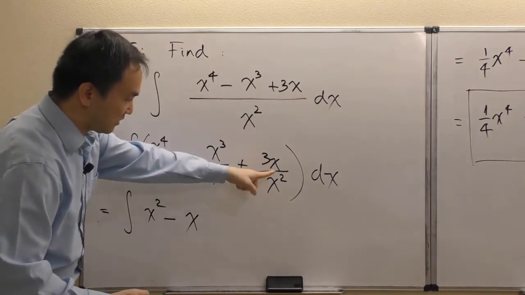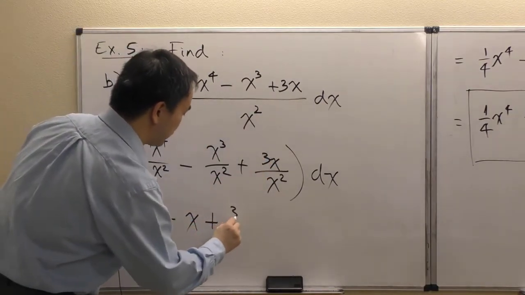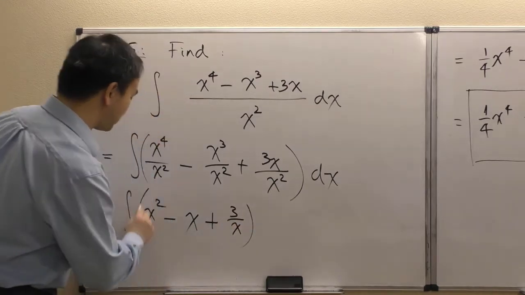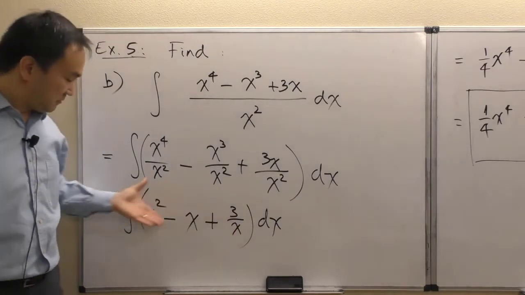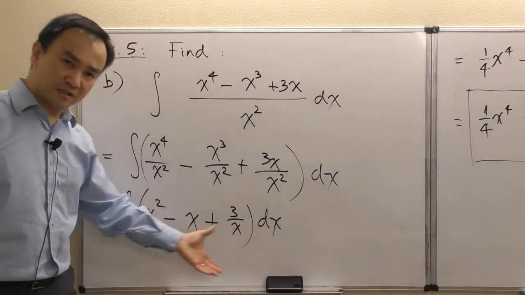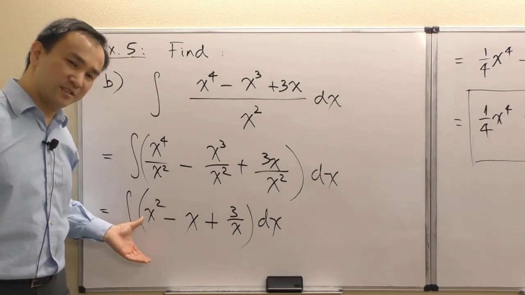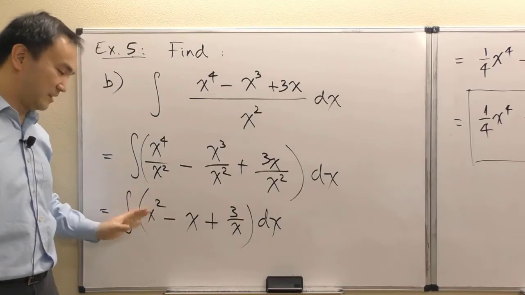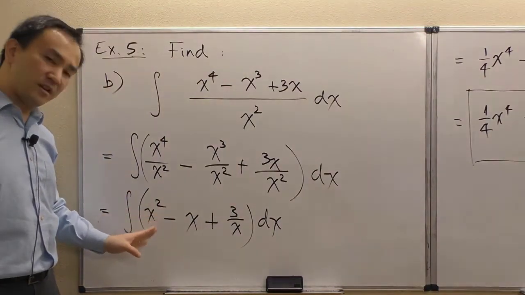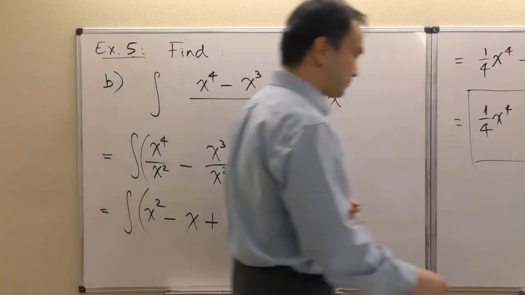The x in 3x canceled with x squared gives me plus 3 over x. Now with our limited number of basic rules, we are already very able to find the answer to this.